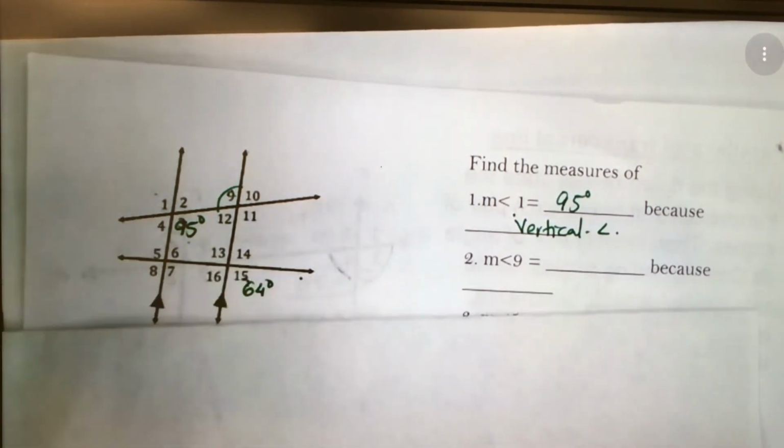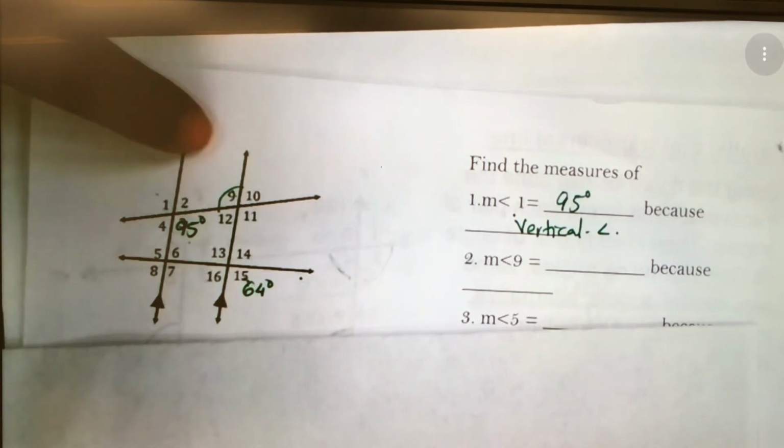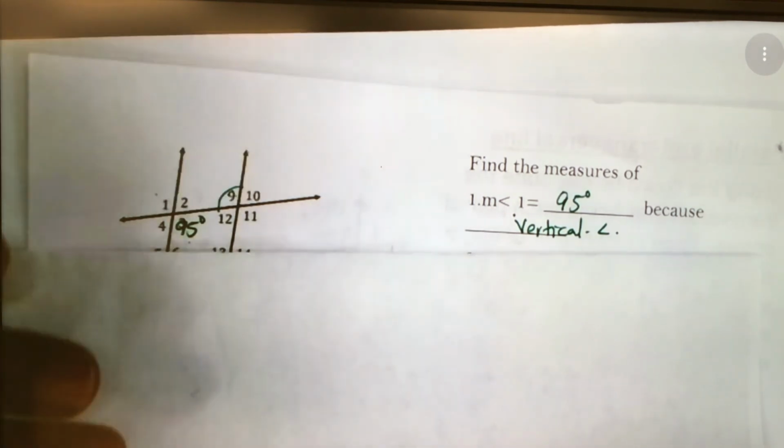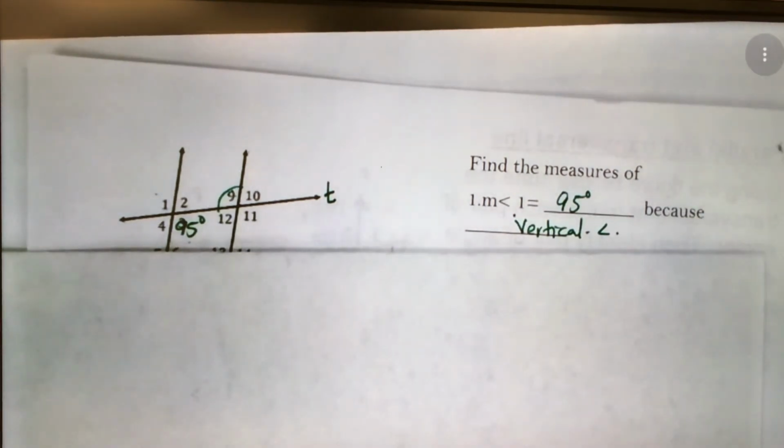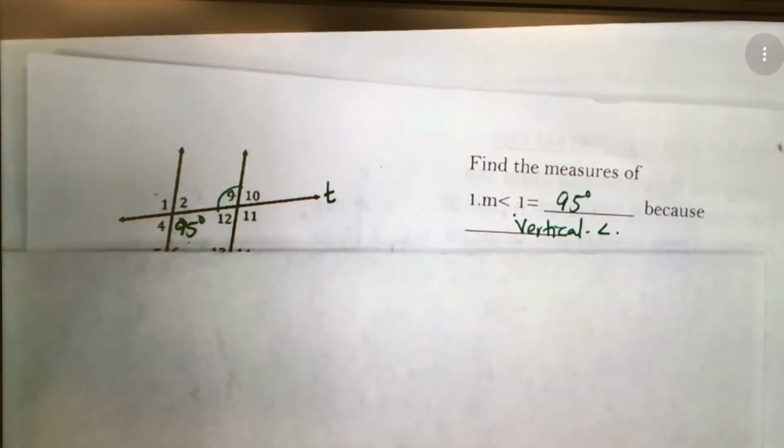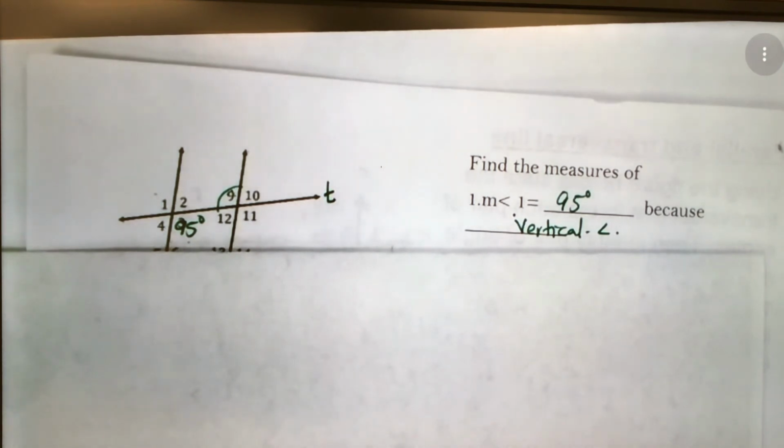Since these two lines are parallel and this becomes the transversal line, 95 and angle 9 are alternate interior. They should be congruent. So make sure that when you connect the angles, there is a pair of parallel lines and a transversal.